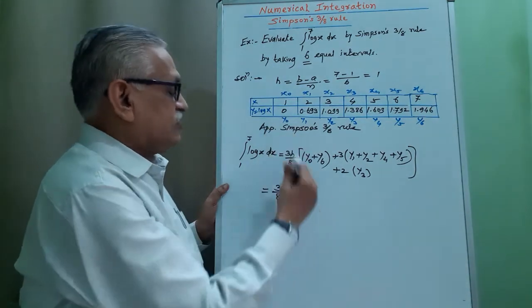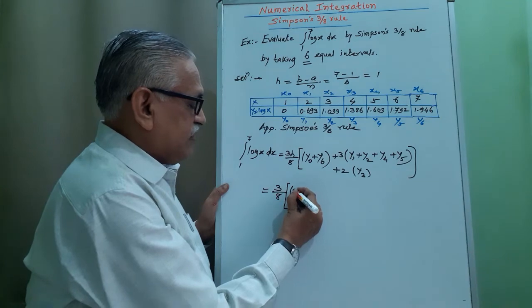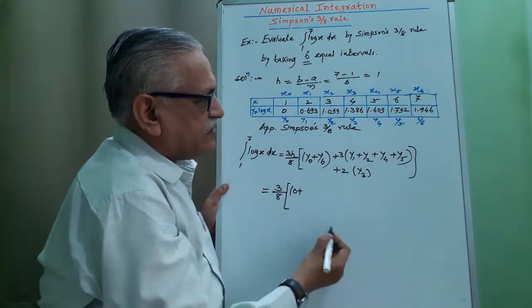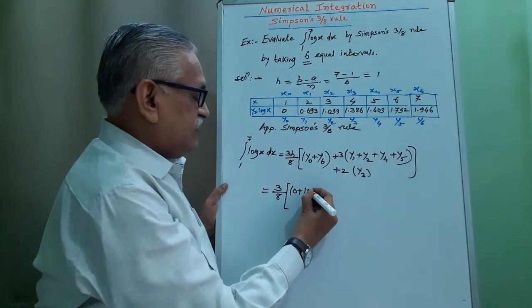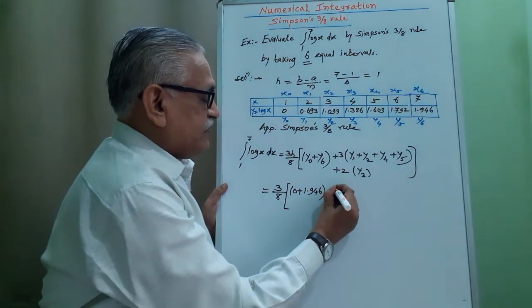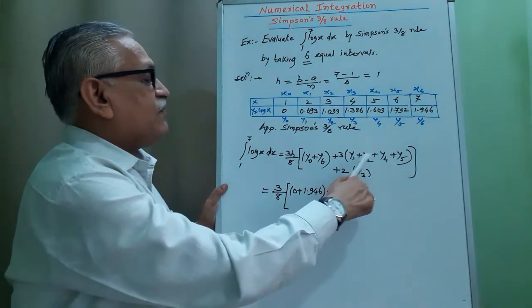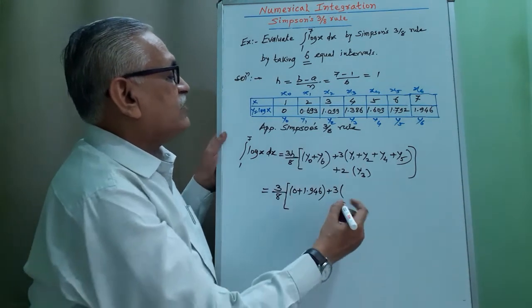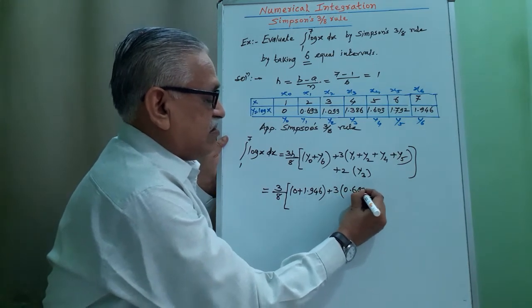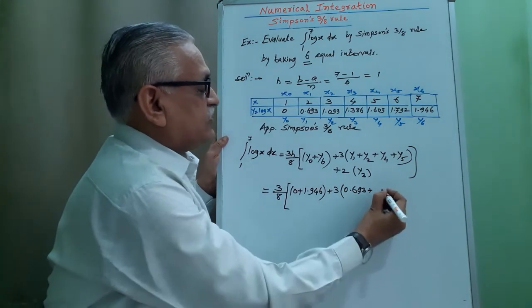The value of y0 is 0 with the help of the table, plus y6. The value of y6 is 1.946, plus 3 times y1 plus y2. The value of y1 is 0.693, y2 is 1.099.